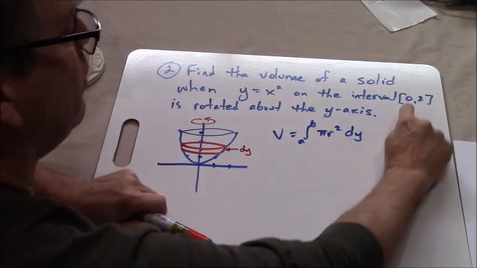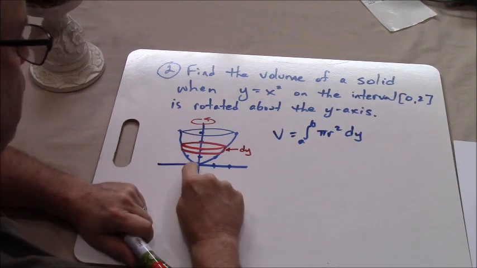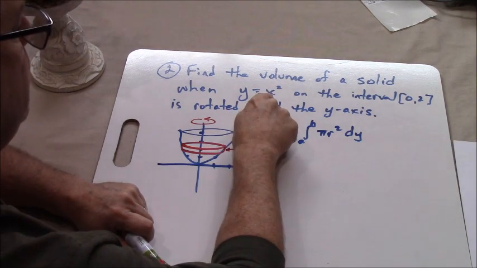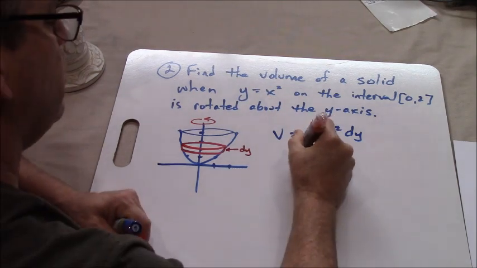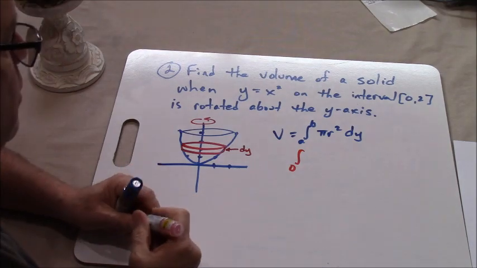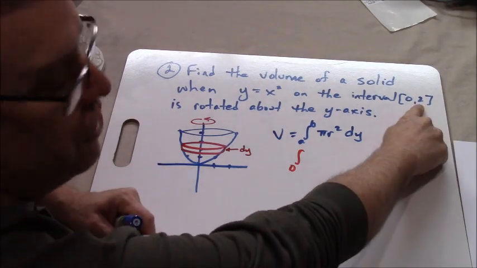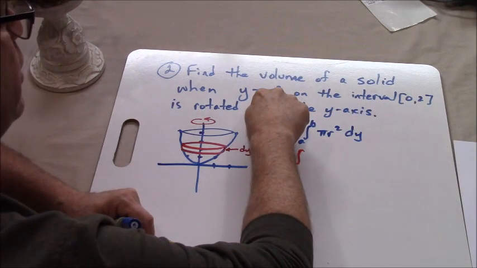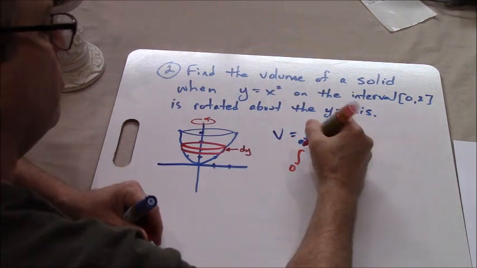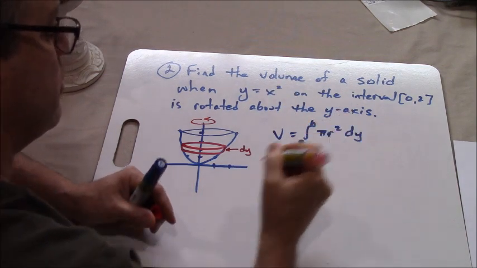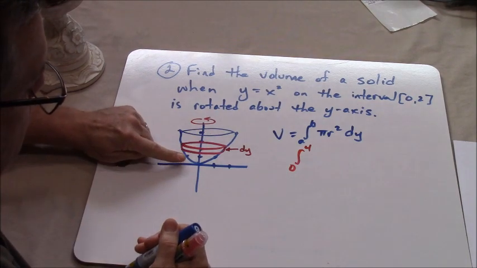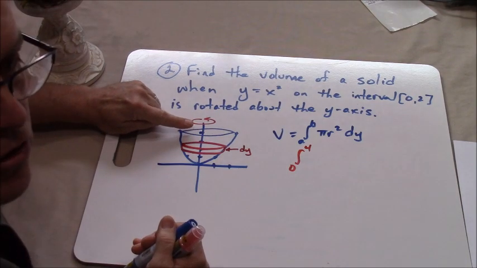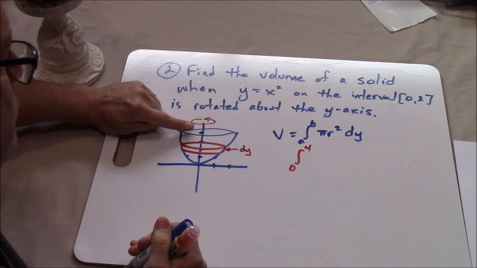Well, if I'm on the interval 0 to 2, the lowest point is at x equals 0. If I plug it in, y is going to equal 0. So this would be the integral from 0 to, when x equals 2. Plug that in, 2 squared is 4. And so our top disc is going to be at y equals 4. So we're stacking these things from 0 all the way up to 4 on the y-axis.